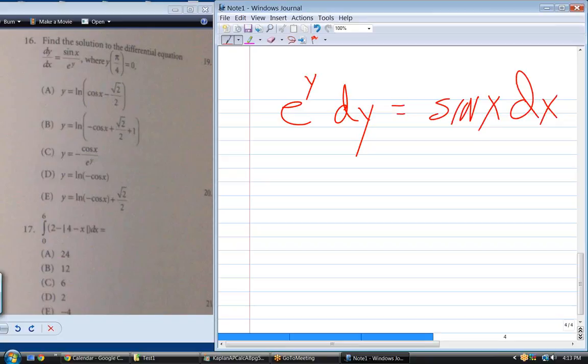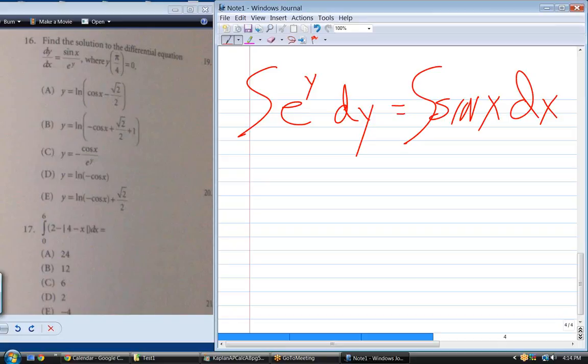Now, you can integrate both sides. What do I get when I integrate the left side? Oh, integrate. Well, e to the x, its first derivative is the same as it is, e to the x. Right.